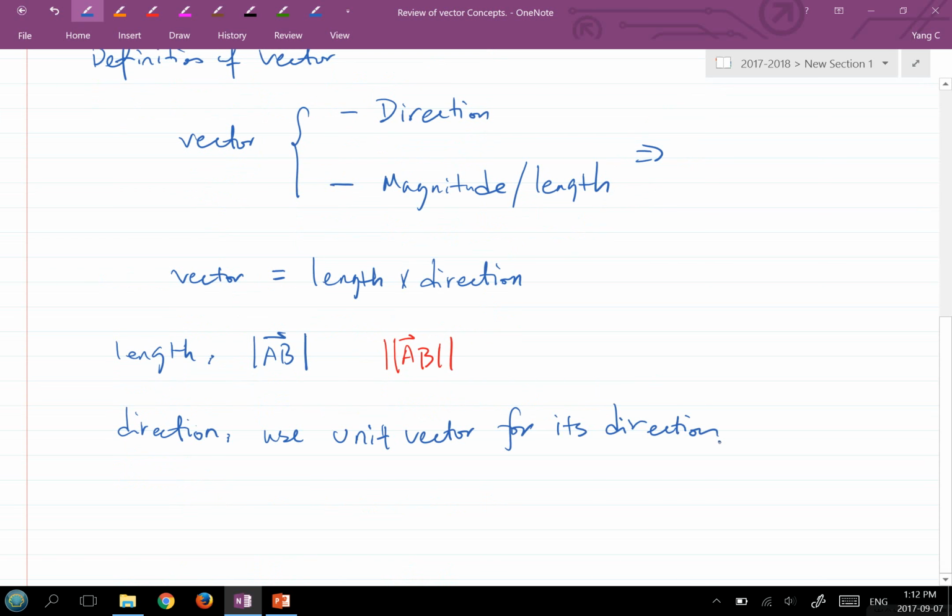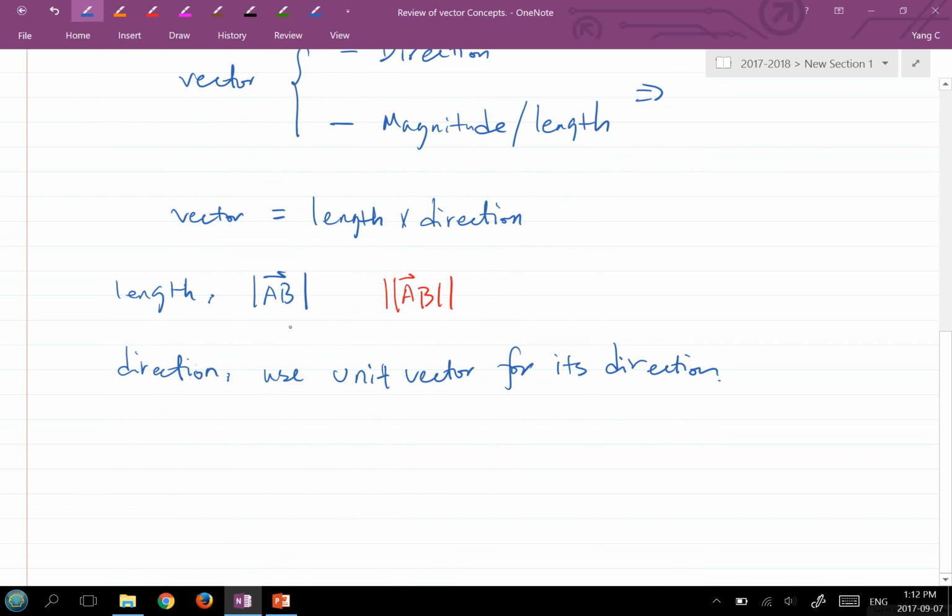Now that brings the question: what is the unit vector? Let's use the vector AB as an example.